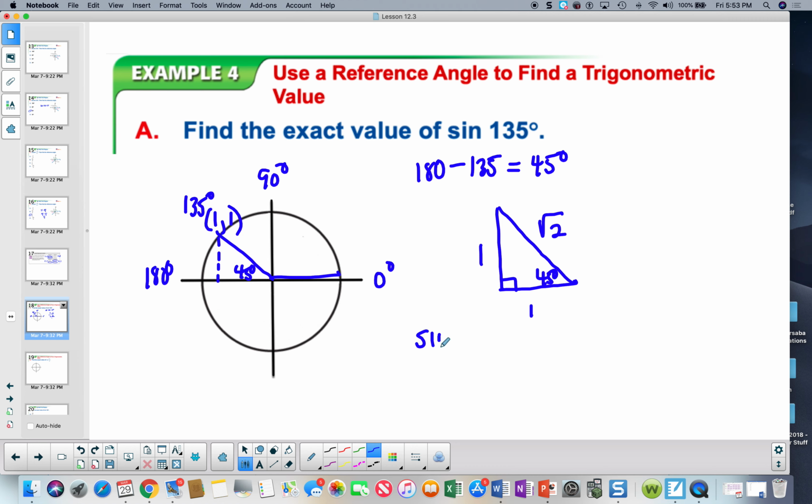So the sine of 135 degrees is going to be y over r. We already know our r. r is root 2. And our y right here is positive 1. Oh, this should have been a negative 1. And so our answer is 1 over root 2, which we like to write as root 2 over 2 in rationalized form.